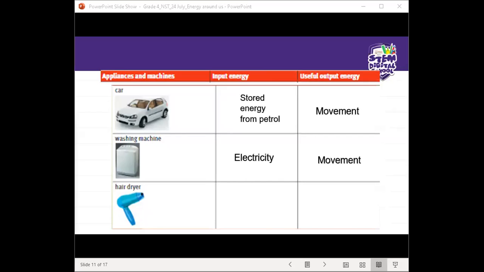Okay, Awande, the hair dryer, input energy for the hair dryer. Input energy for the hair dryer is electricity. The output is blowing. Okay, blowing. What is it blowing out? Blowing out air. Is the air cold or warm?